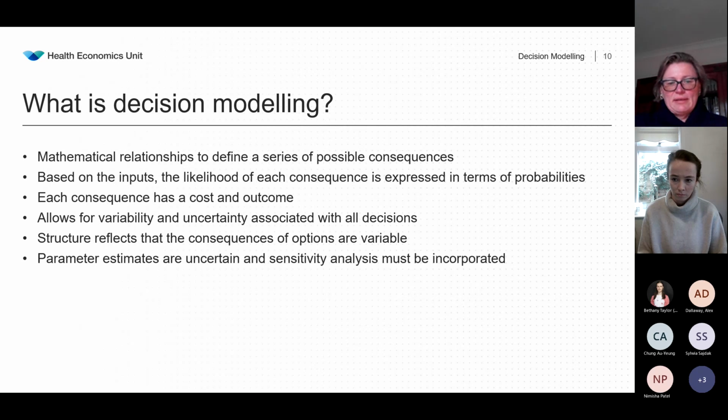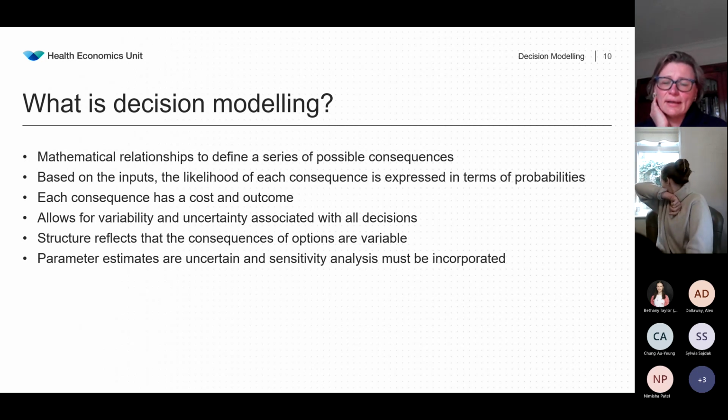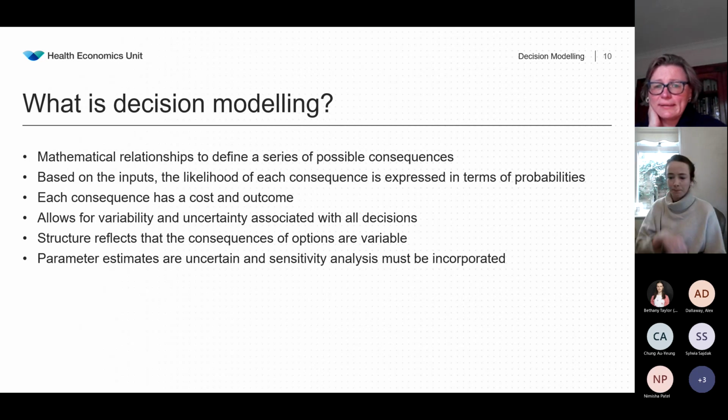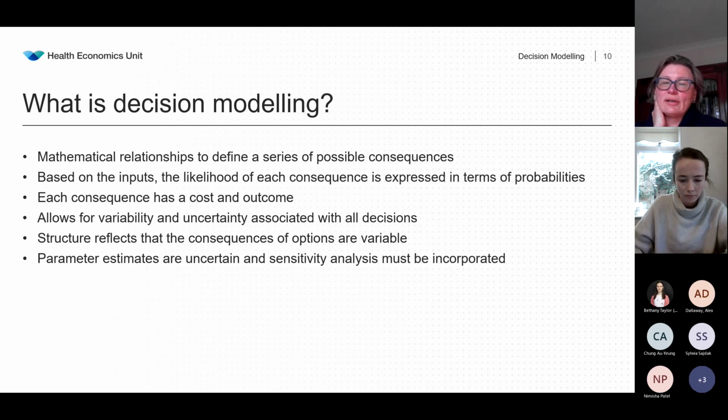To define it a bit more precisely, we could think of decision modelling as mathematical relationships that define a series of possible consequences, and the likelihood of each of the possible consequences can be expressed in terms of probability. In economic evaluations, we think of each consequence having a cost and a particular outcome.